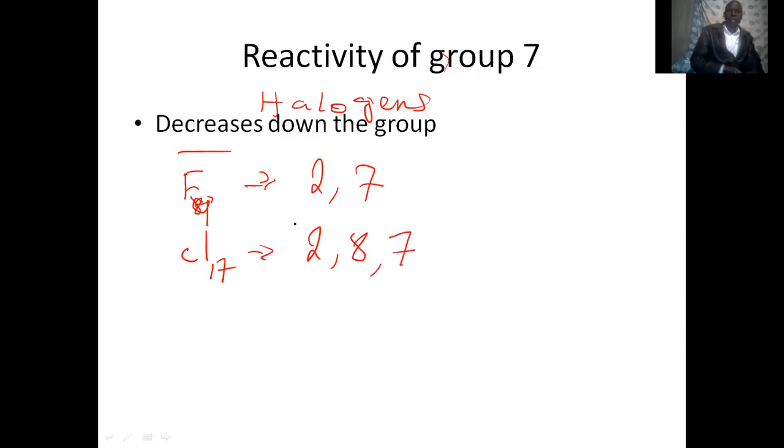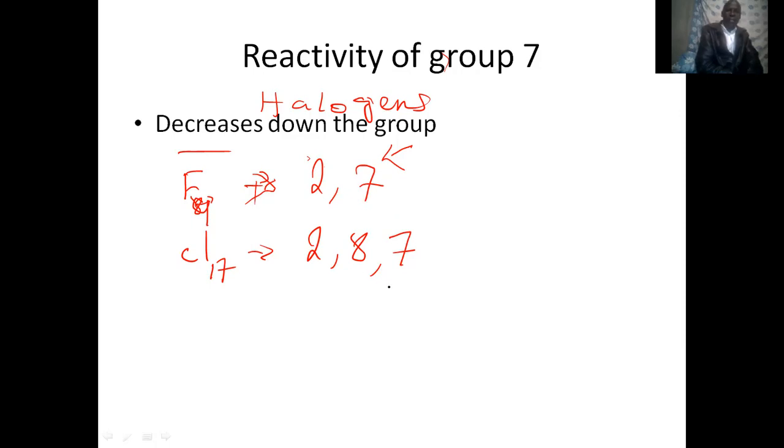What this means is that for the incoming electron in fluorine, it is easily attracted to the positive nucleus of the protons, because it is near the nucleus. So it easily enters to form a stable electron configuration of 2 and 8.